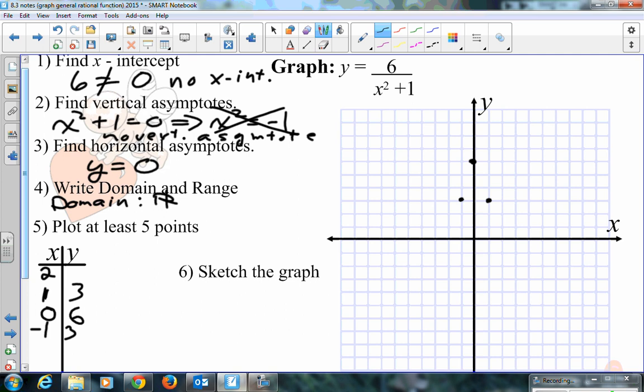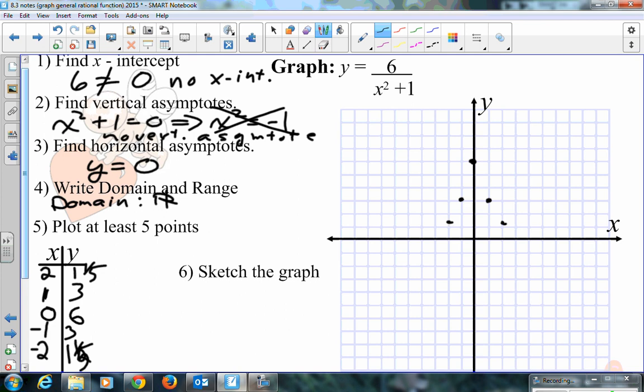Let's look at what happens when I have 2. 6 over 2 squared, let's see, 2 squared is 4 plus 1 is 5. That's 6/5 or 1 1/5. And because it's x squared, I'm going to get the same on the other side. So 1 1/5 will be around here.